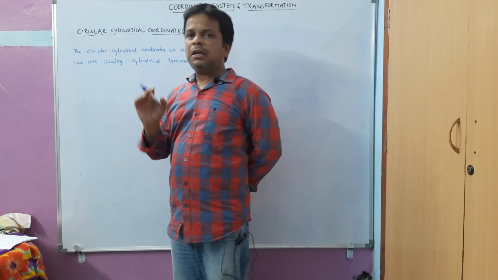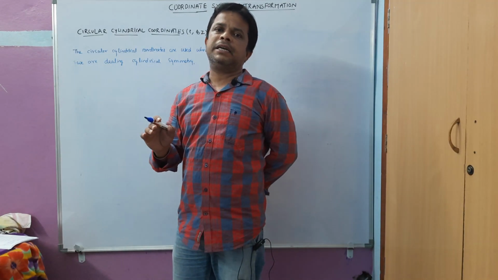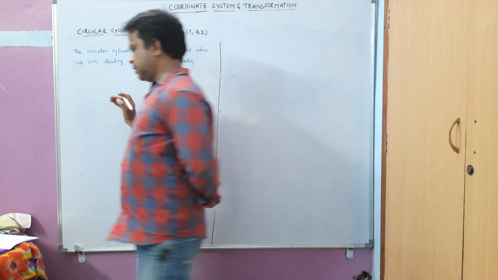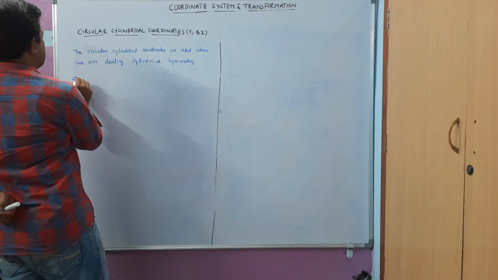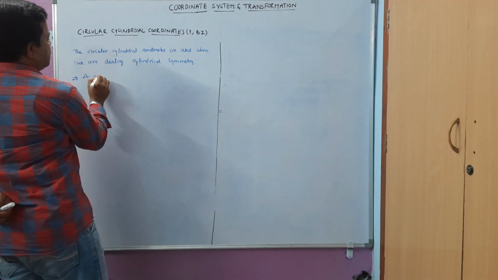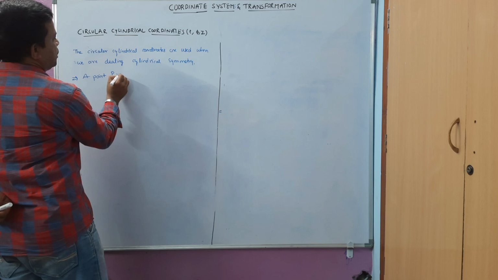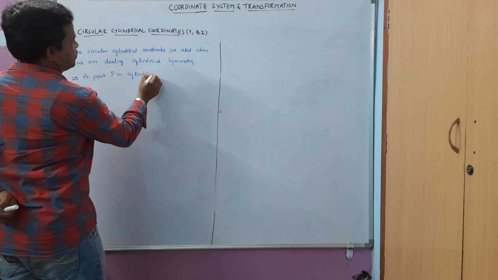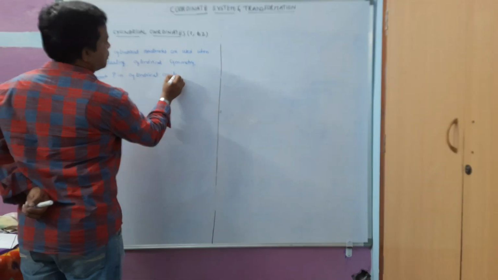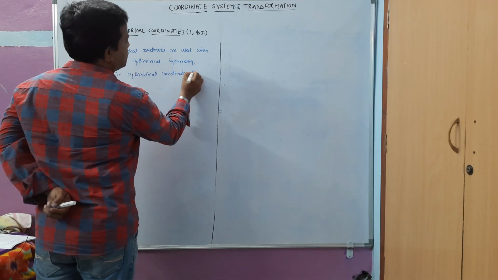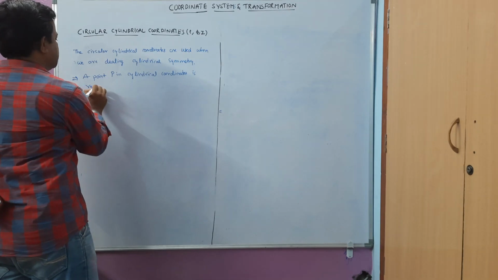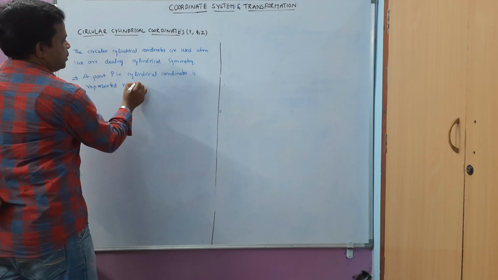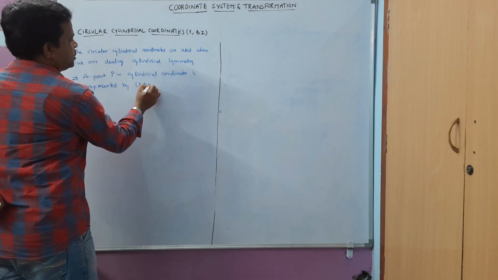Now a point P in cylindrical coordinates is represented by rho, phi, z.